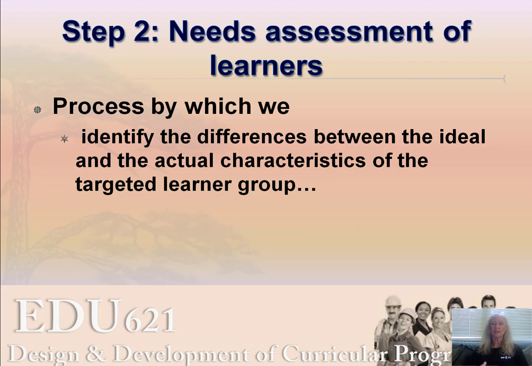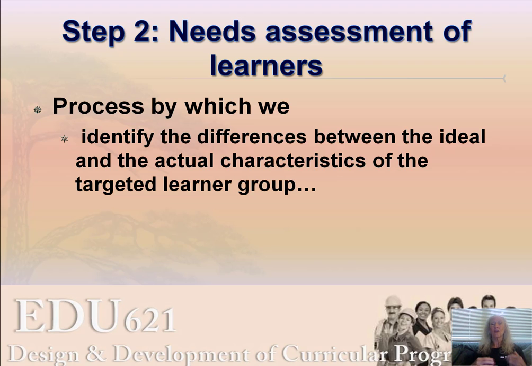And this is a process in which we are identifying differences between the ideal characteristics of our targeted learner group and the actual characteristics. For example, we know that there are certain characteristics that our learner group will need to be successful in our academic or in our training program.